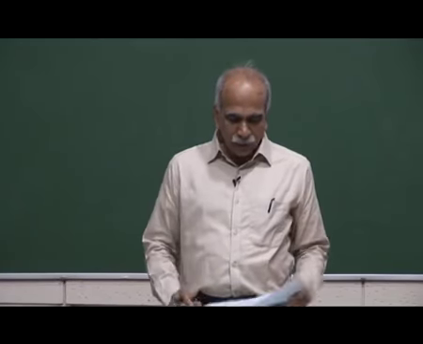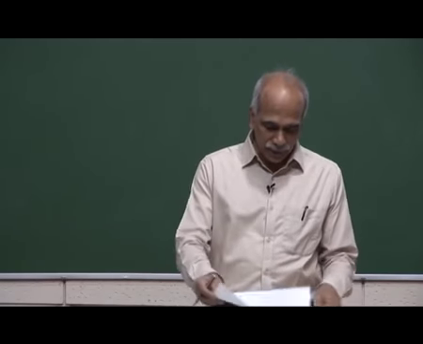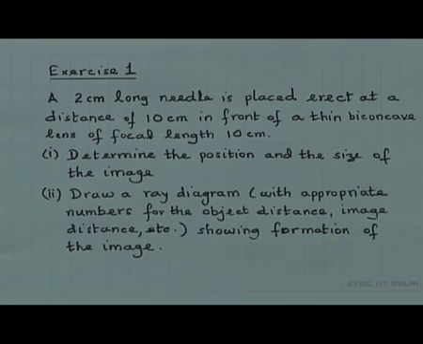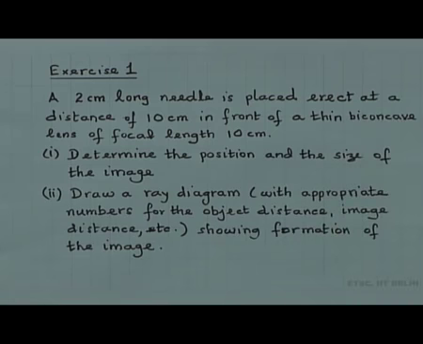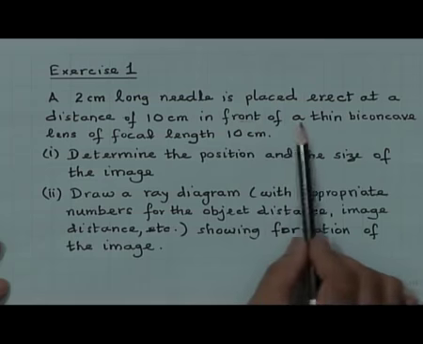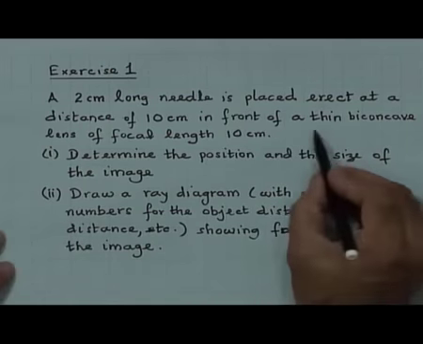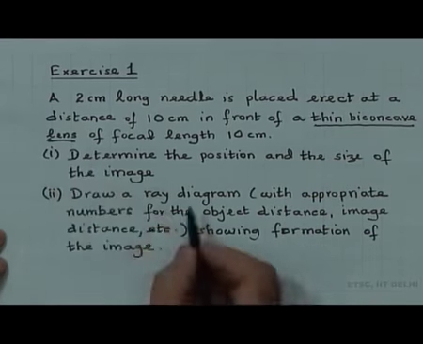So, we come back to some examples. We will try to work out a couple of examples here. Exercise: a 2 centimeter long needle is placed erect at a distance of 10 centimeter in front of a thin biconcave lens.